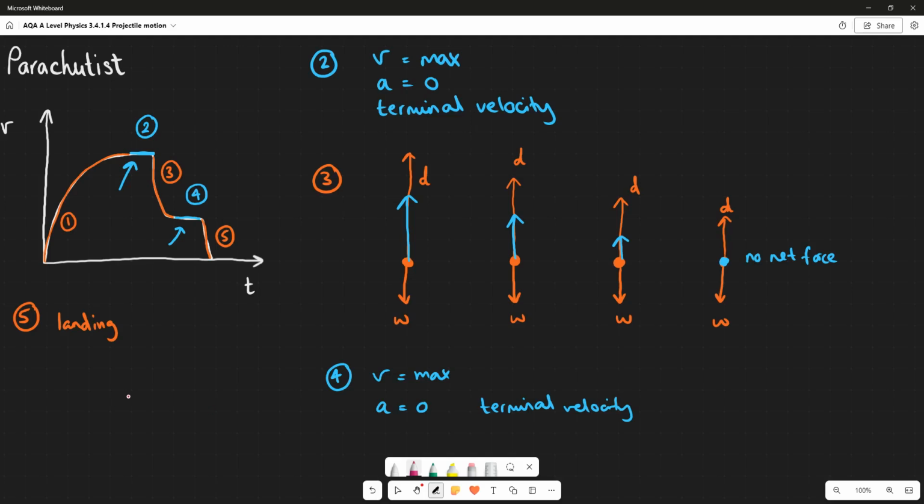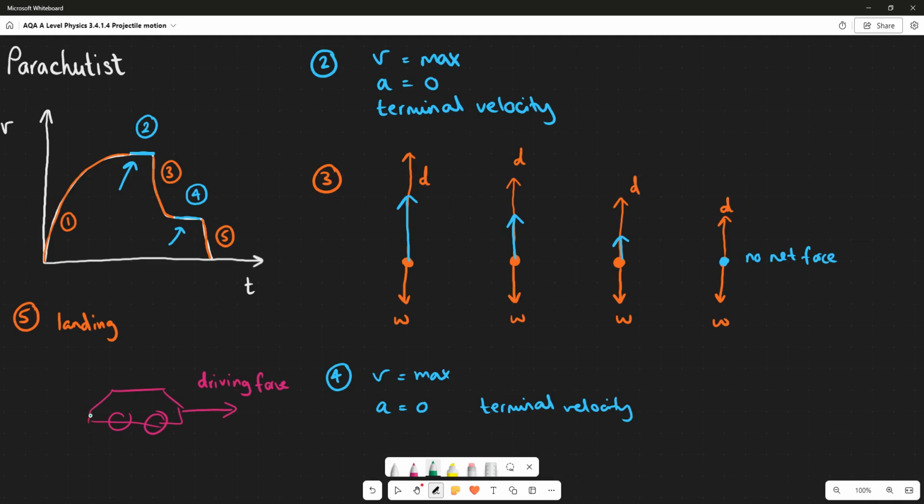We do also get drag forces on vehicles. So if you have a vehicle travelling, we get a driving force from the engine, and the faster the object is travelling, the higher the velocity it has, the greater the drag will be on the vehicle.